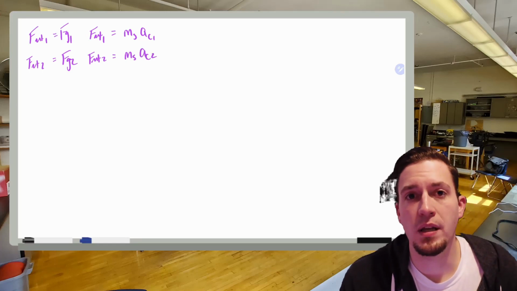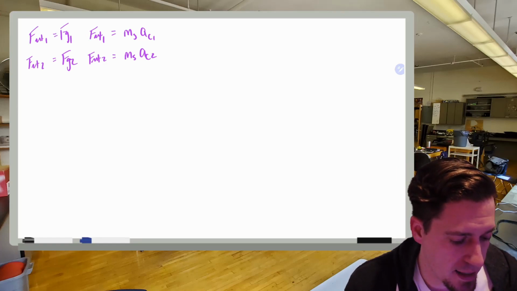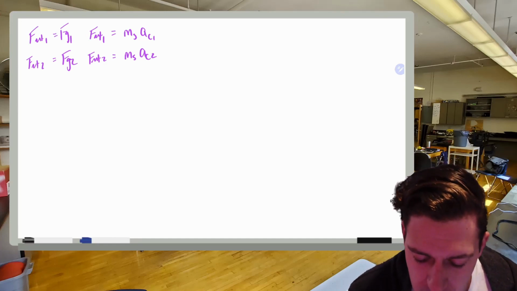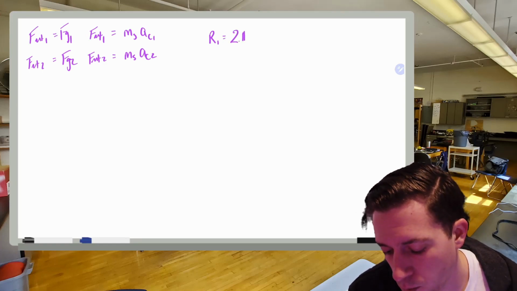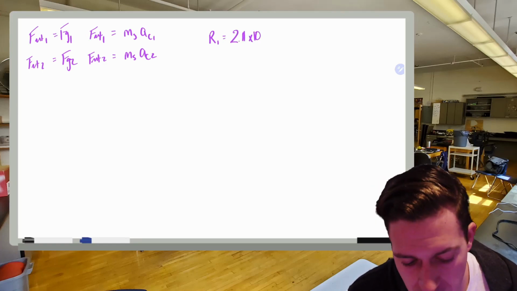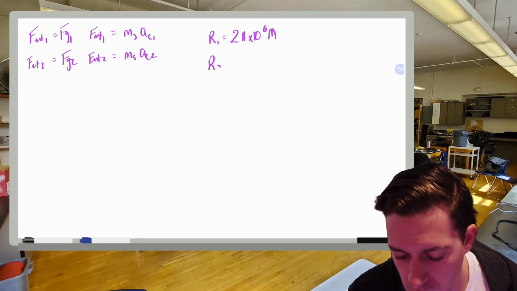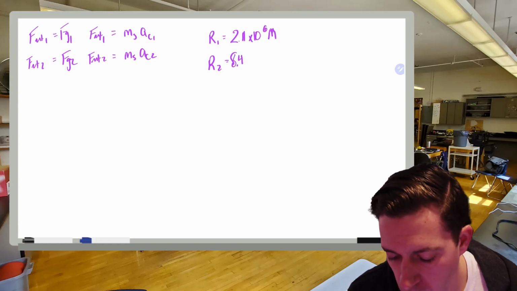Now, when we're given two things, it's pretty common that there's some relationship between them. And if I look at my distances, you might notice something, because R1 is given as 2.11 times 10 to the 6 meters. Meanwhile, R2 is conveniently 8.44 times 10 to the 6 meters.